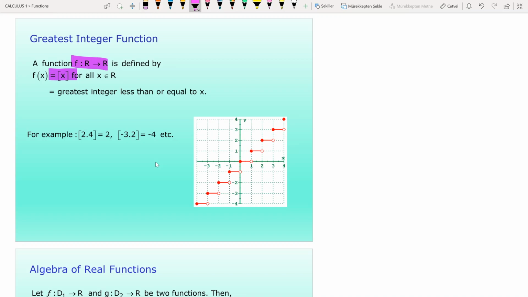For instance, the value at 2.4 is equal to 2, and at minus 2.2 it becomes minus 3. Okay, and I think you are familiar with the graph of the greatest integer function.